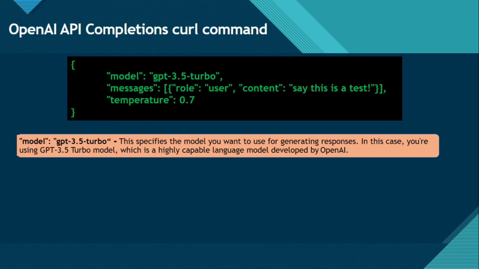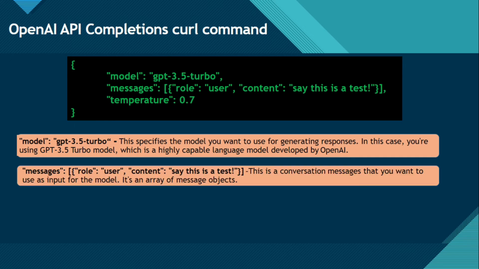Model GPT 3.5 Turbo. First you can understand this is in JSON format, right? Model is a property and this is the value. It's like a key and value. This specifies the model you want to use for generating a response. In this case, you are using the GPT 3.5 Turbo model, which is a highly capable language model developed by OpenAI.